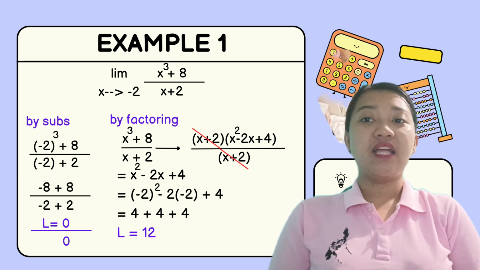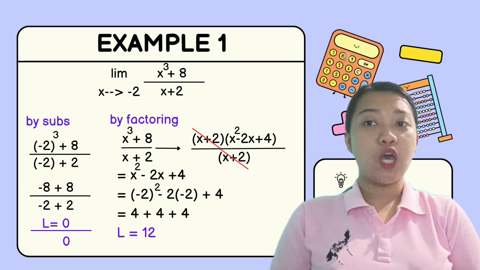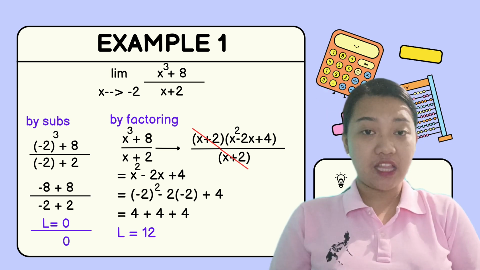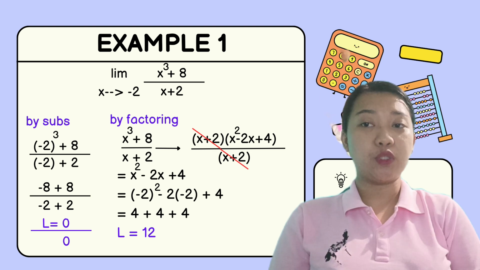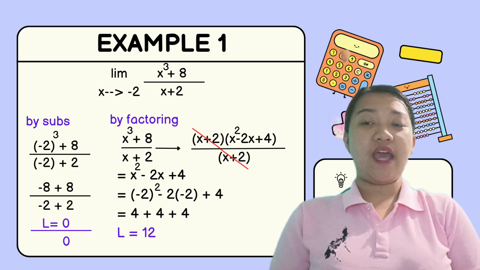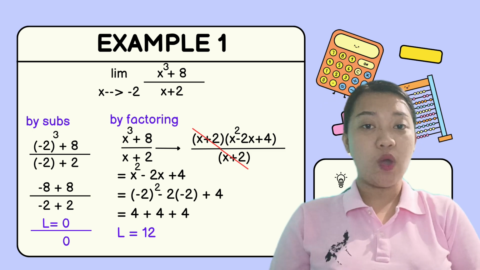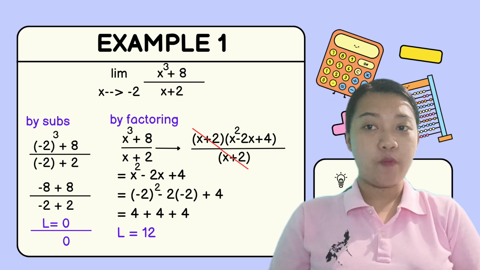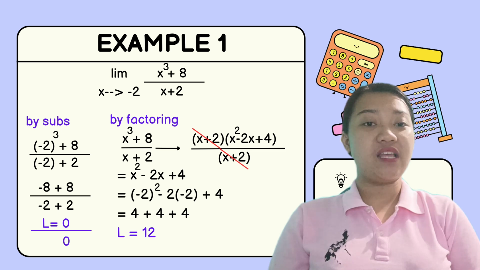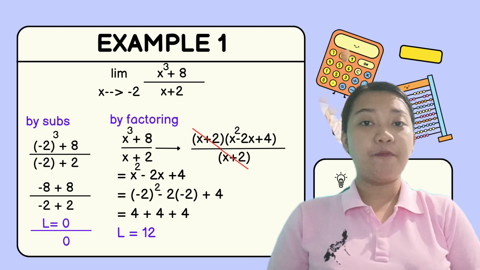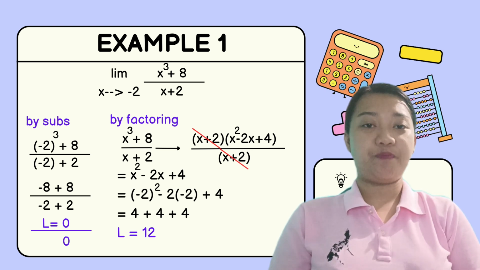So we have negative 2 plus 2. So sa numerator natin, negative 8 plus 8 is equal to 0. And then sa denominator natin, we have negative 2 plus 2 is equal to 0. So magiging limit natin is 0 over 0 or the limit does not exist.